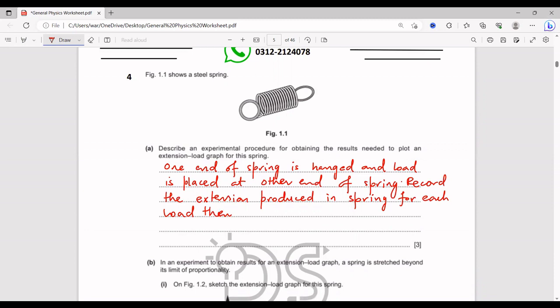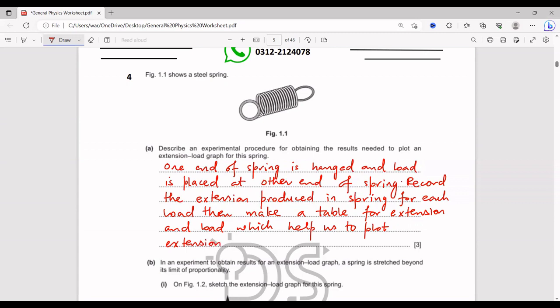Then make a table for extension and load, which helps us to plot the extension load graph.